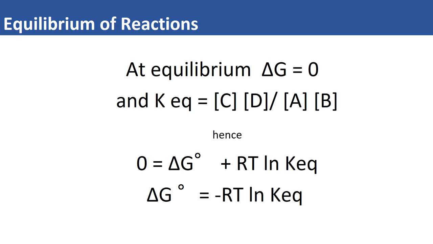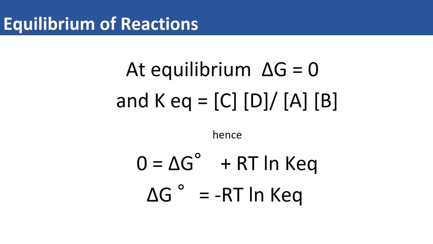In that situation, we have what's called K equilibrium, and that's equal to the concentration of the individual products divided by the concentration of the individual reactants. So delta G is equal to delta G prime naught plus RT times the ln of K equilibrium.